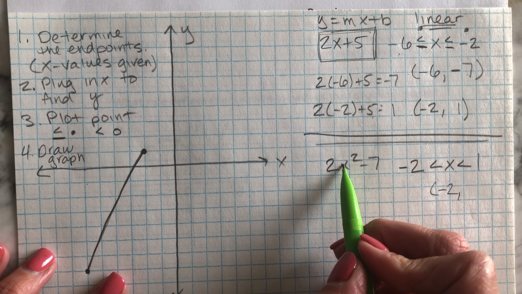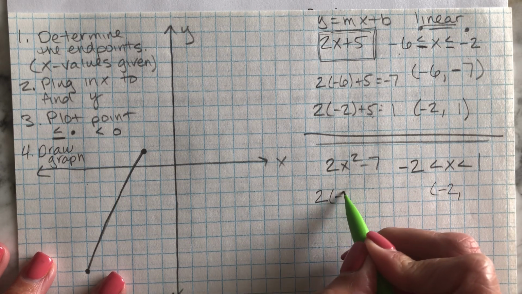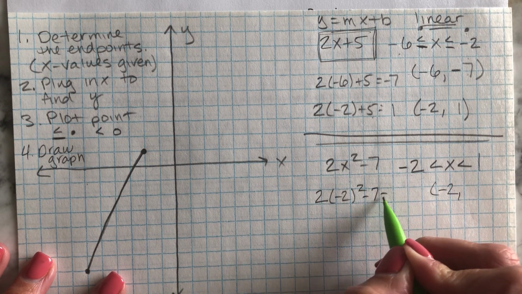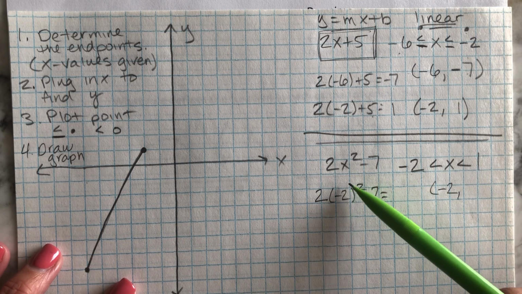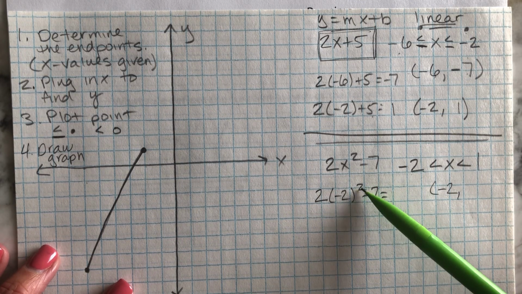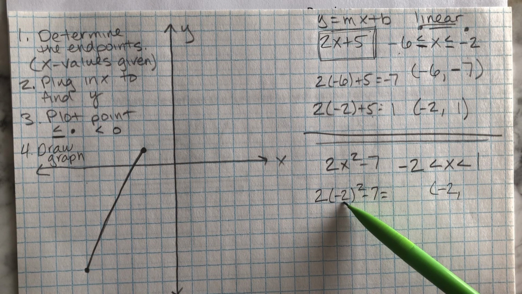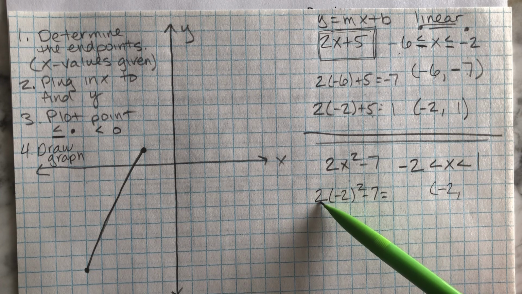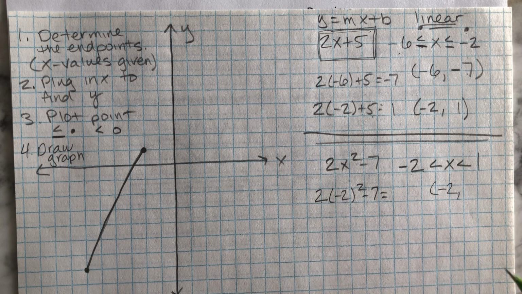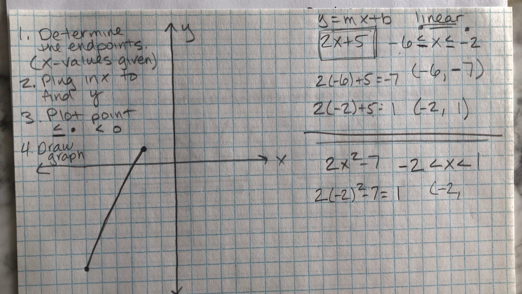Plug it in to find y. So 2 times -2 squared minus 7. Always do your exponents first. So -2 squared, that's -2 times -2, which is +4. 4 times 2 is 8. And then minus 7 is 1.